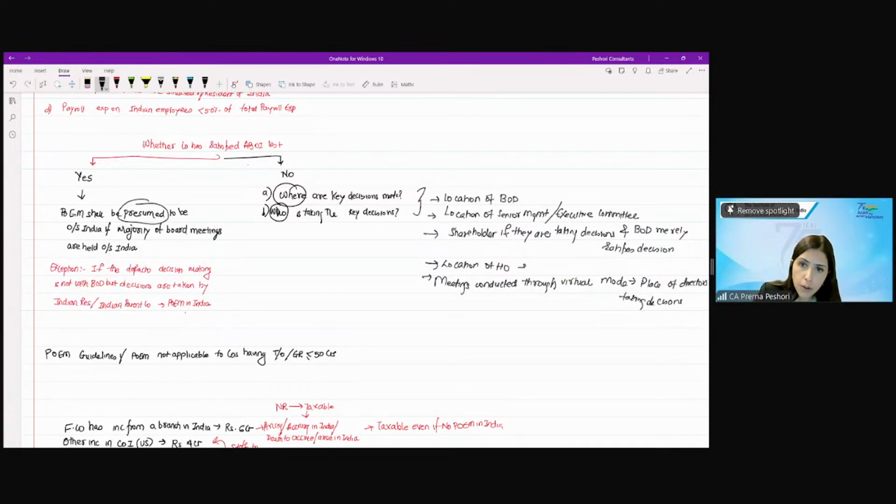Location of HO is basically for if the centralized business is there. Are we clear?